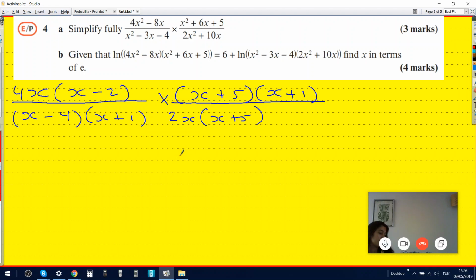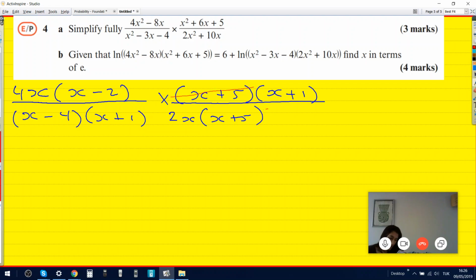Do you want to cancel? Cancel first. So there's an x plus 5 there, x plus 5 there, x plus 1, x plus 1. Can you do that? Yep. So if you were to multiply them, 2 times 3, 3 times 2, you can split them back up.